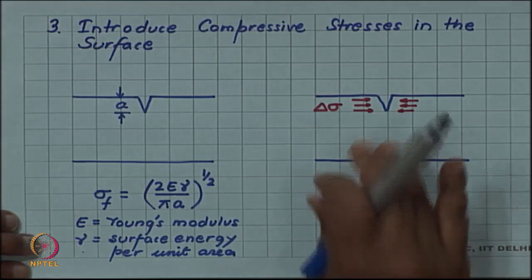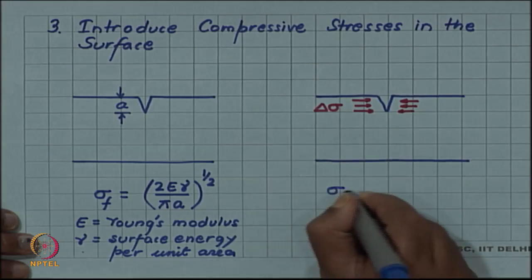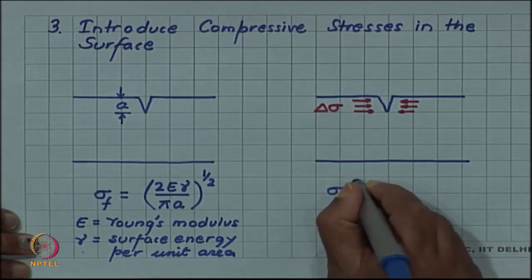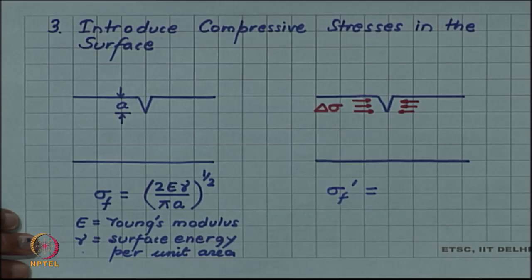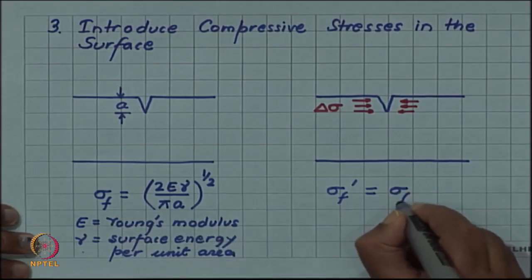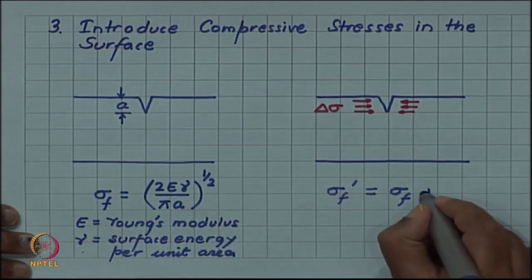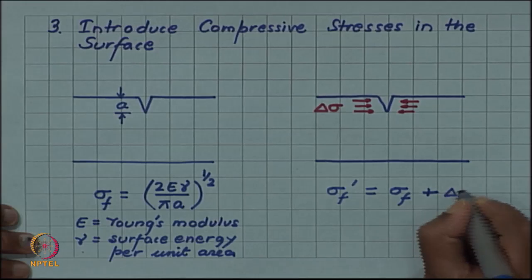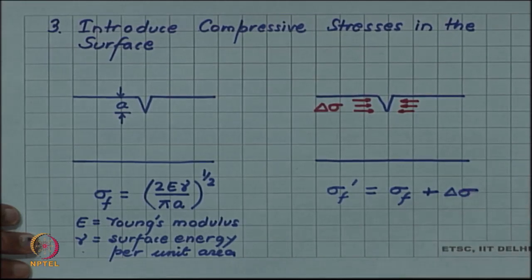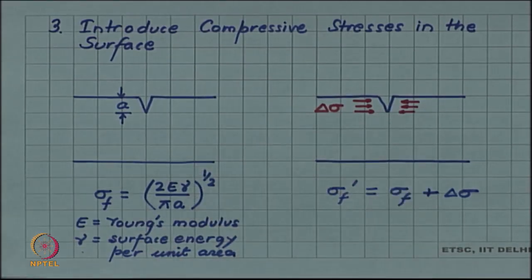Then the fracture stress in this case will be enhanced by the same value. In this case, sigma f prime will be this sigma f due to the crack length a, plus the compressive stress delta sigma, because remember, sigma f is tensile and only tensile stress opens up the crack.